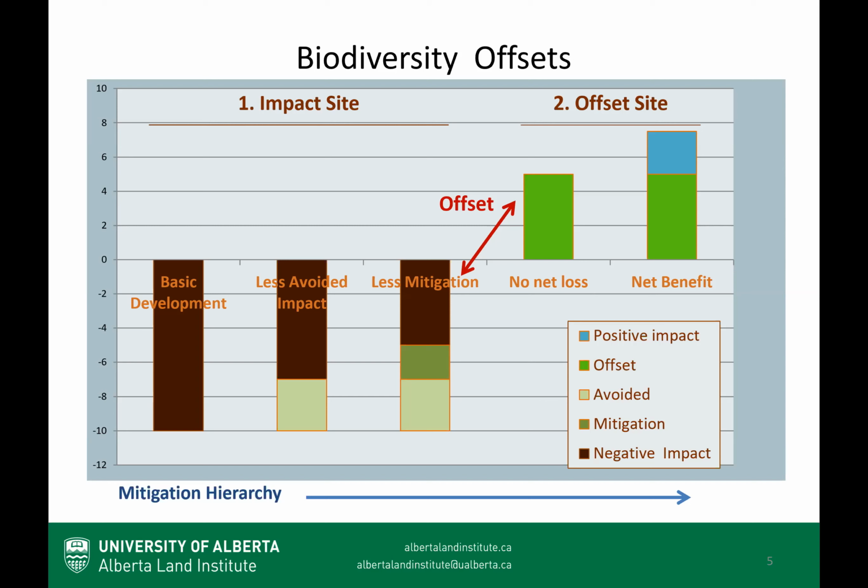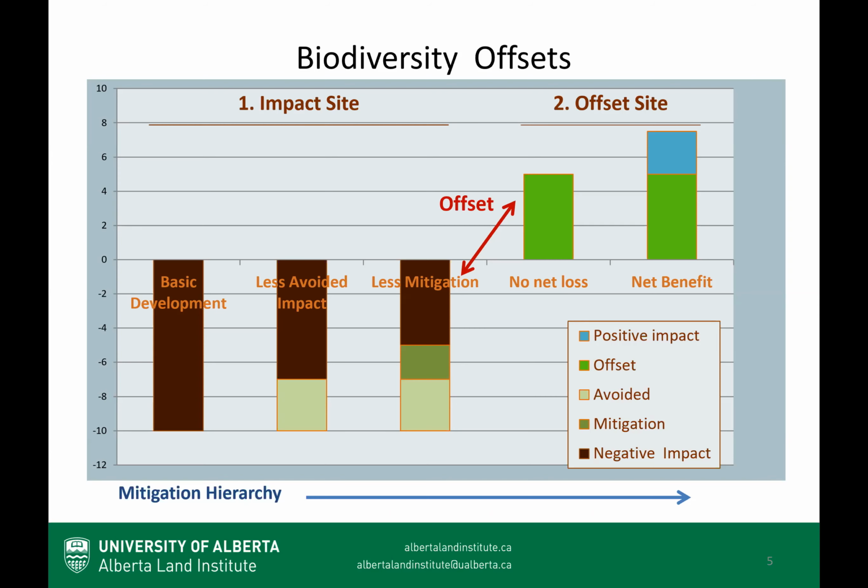One of the knocks against offsetting is colloquially known as a license to trash. That if we are too liberal in our use of offsetting and not strict enough in these earlier measures, then we may be giving away the store essentially environmentally.